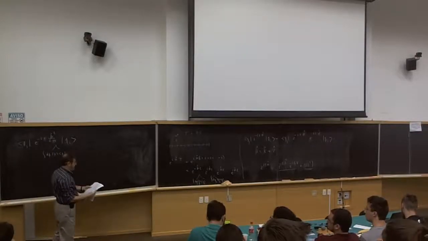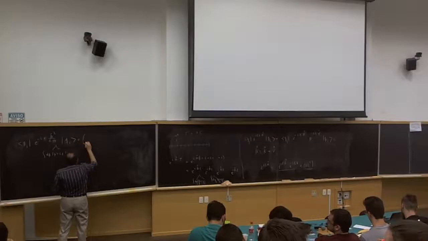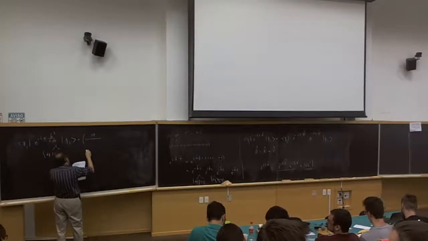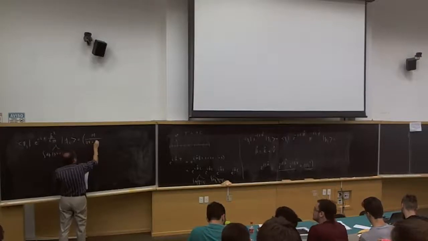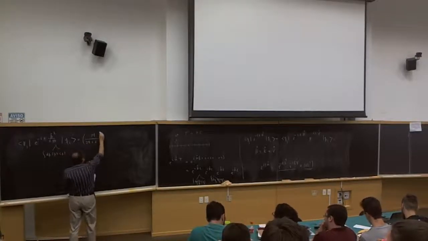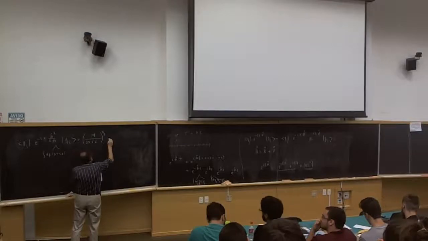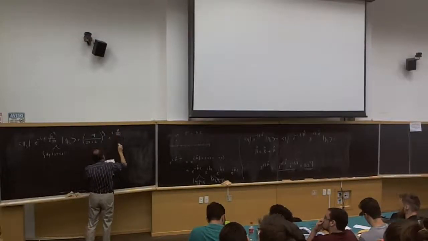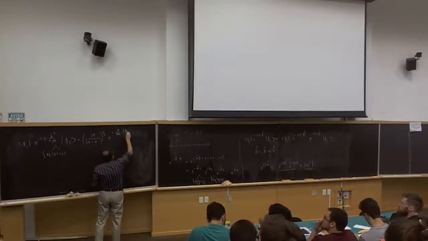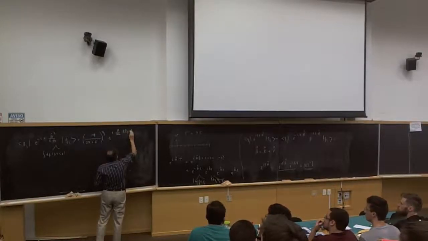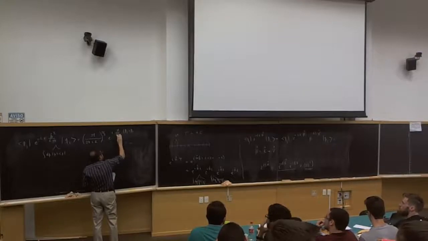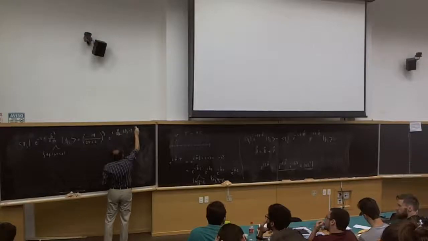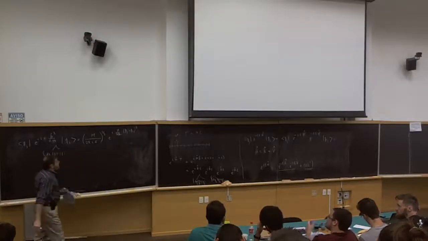At the end of the day, you get m over 2 pi i epsilon, to the 1/2, exponential i m over 2 epsilon.